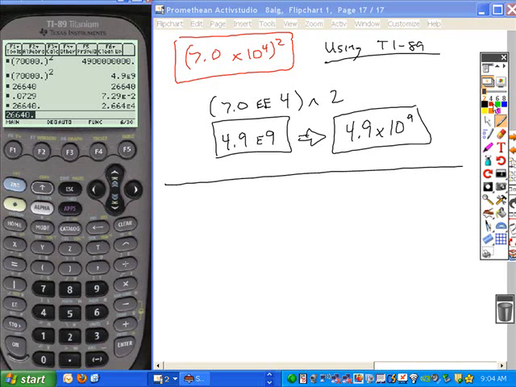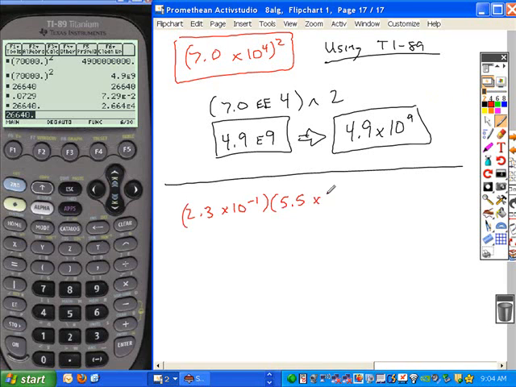Okay, I want you to try the following calculation really quickly, please. And I want you to express your answer in scientific notation.